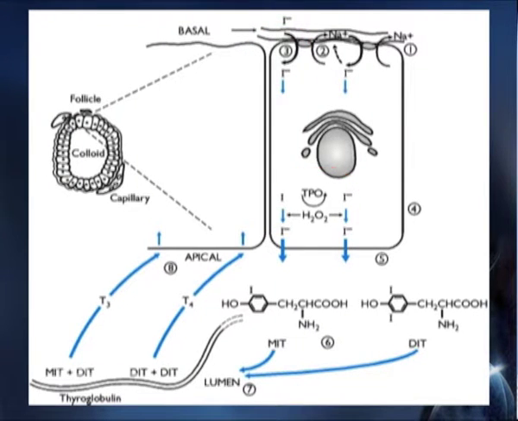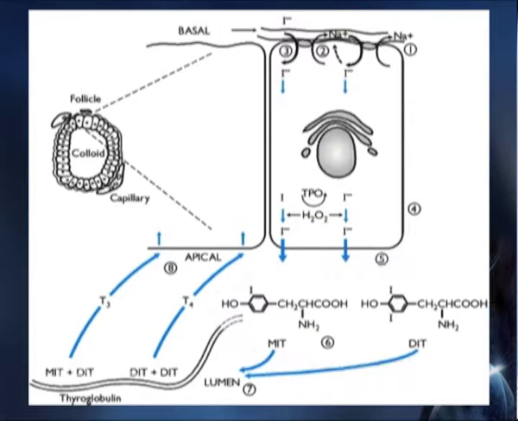Point 4 emphasizes that in the presence of thyroid peroxidase, iodine gets oxidized by hydrogen peroxide to form active iodine. Point 5 illustrates how iodine gets actively transported to the surface of the follicular cell.